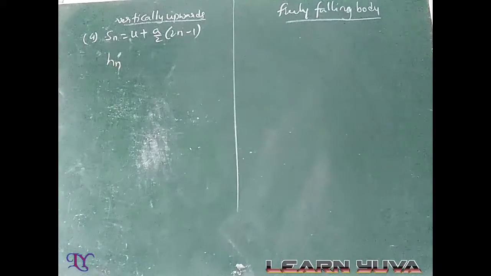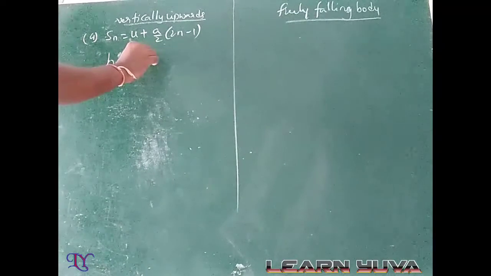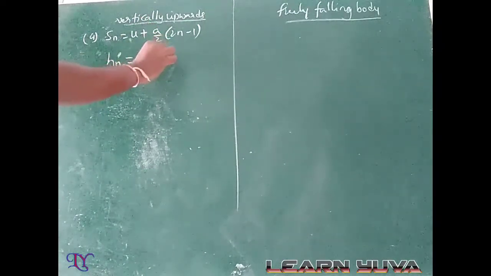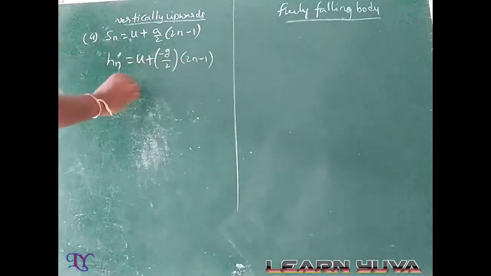S becomes h. So h nth is equal to, it is a vertically projected upwards body, so there is an initial velocity u, plus a becomes minus g, by 2 into 2n minus 1. That applies.